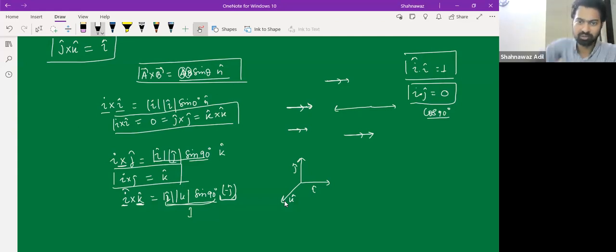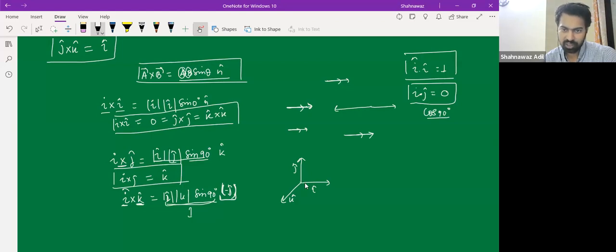So that is how I cross K would be minus J. Akib and Afaq, understood why this would be minus J? Yes, sir. Now understood.